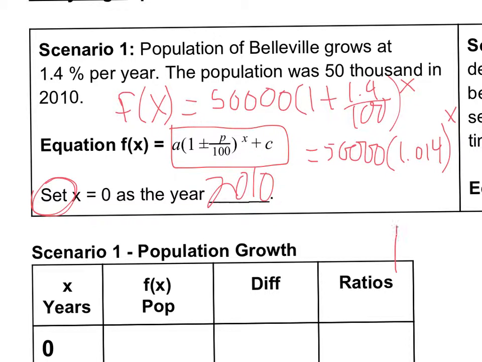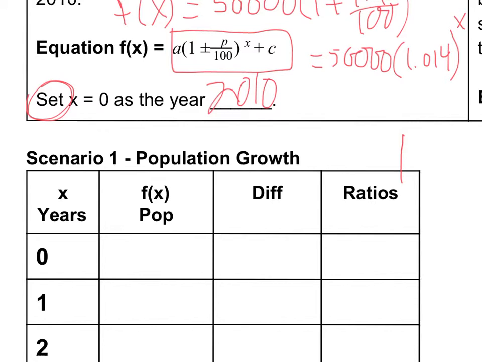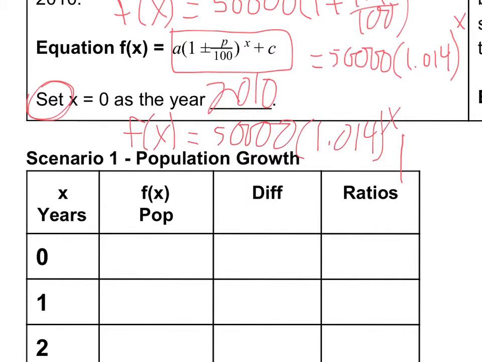Let's take a look at our chart. I'm going to rewrite that equation: f at x equals 50,000 times 1.014 to the exponent of x. We know the exponent of 0 is 1, so that's 50,000.